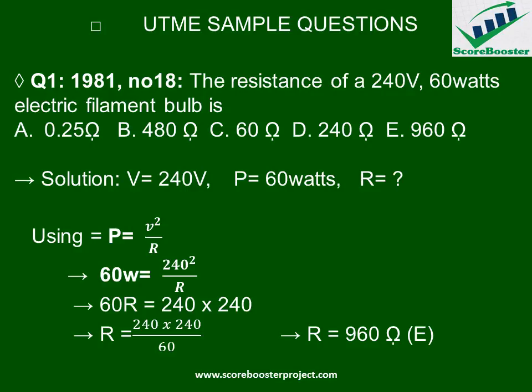That will give us 240 times 240 over 60, and you can use 60 to cut 240 to get 4. So we'll be left with R equals 4 times 240, and that will give us 960 ohm, making option E the correct answer for this particular question.